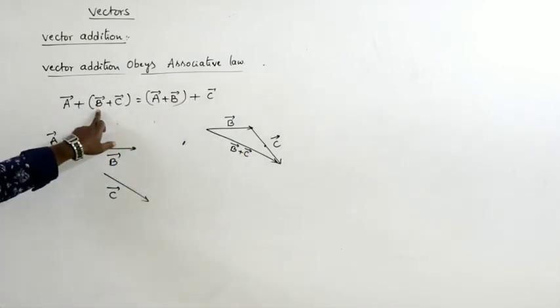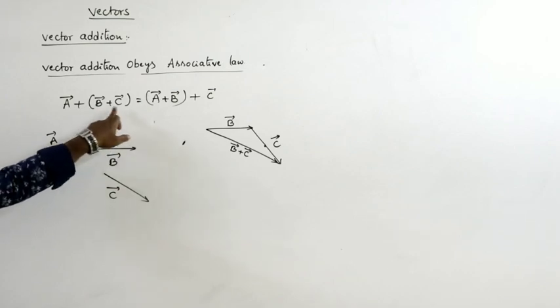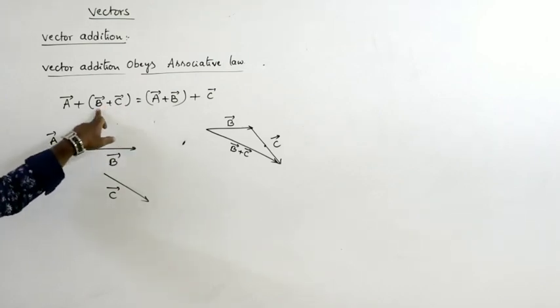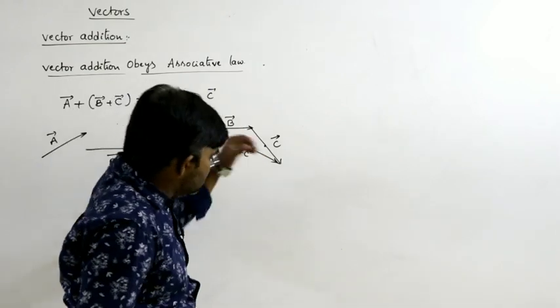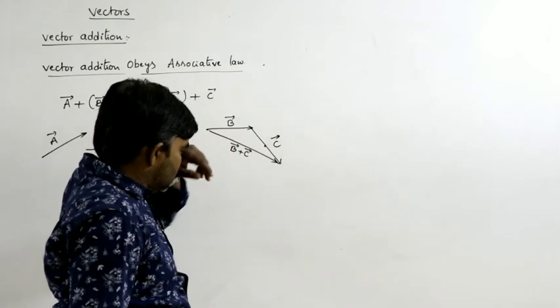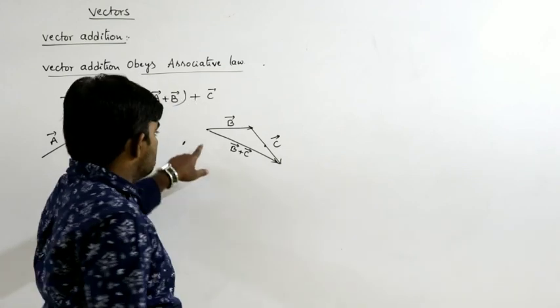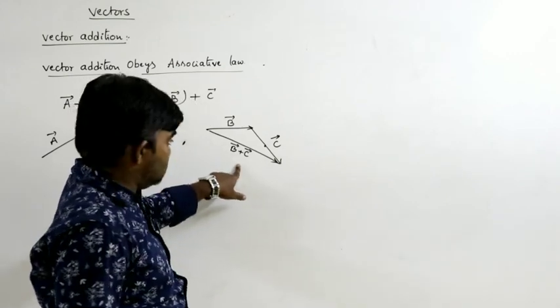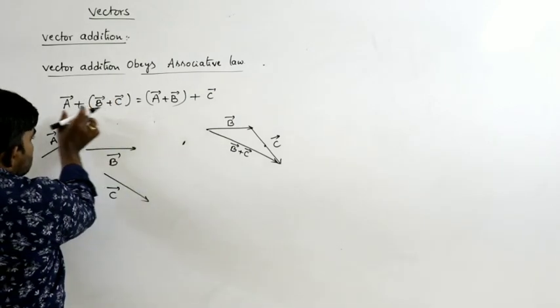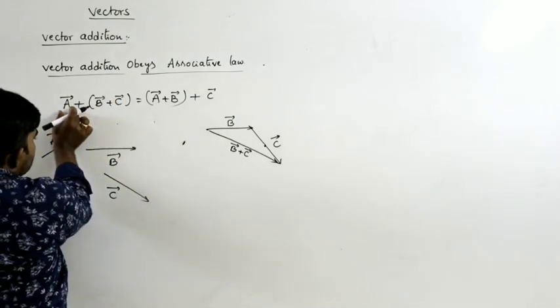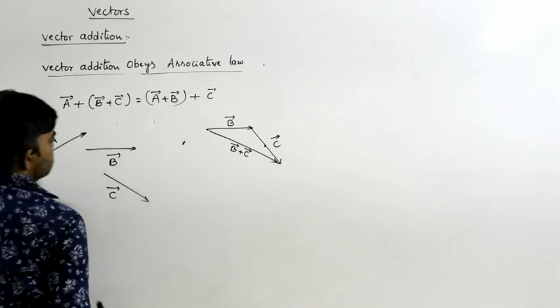So first I am doing b bar plus c bar. This is b bar and this is c bar. The addition of these two gives b bar plus c bar. Next, a plus b plus c. What is the first vector here? a bar.